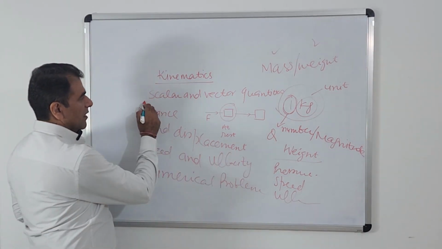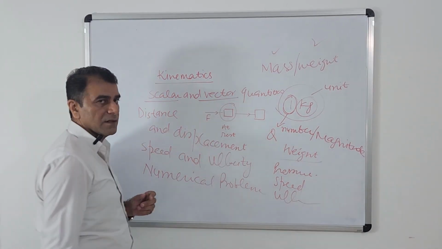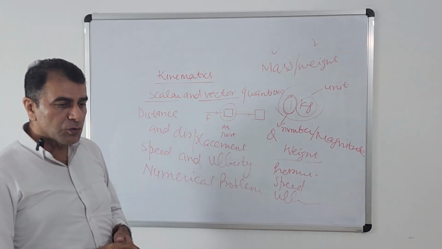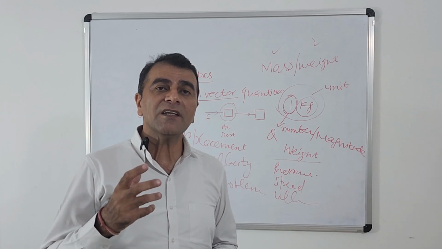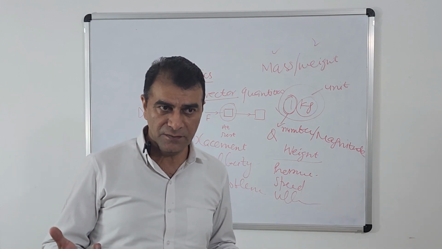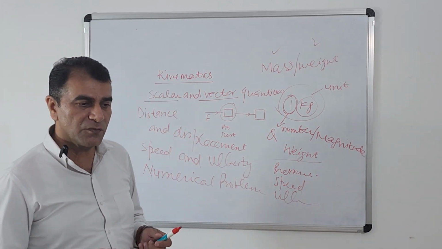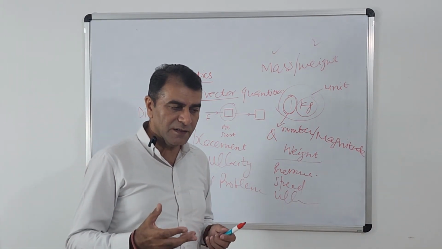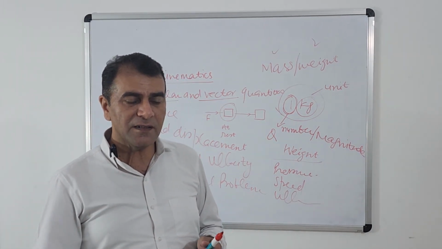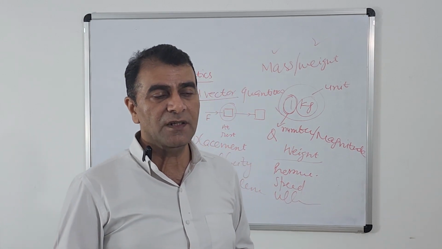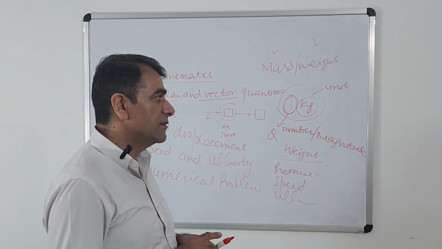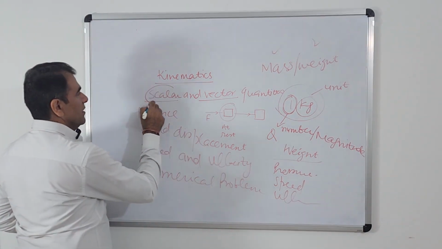The physical quantities are basically characterized by two characters: one is scalar character and the other is vector character, right? Those quantities which have only magnitude, where no direction is required to specify them, are called scalar quantities.